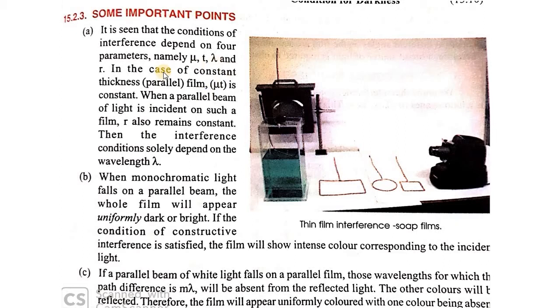the light used. And if you are using a constant thickness parallel film, what happens? Thickness is constant, refractive index is already constant, so mu t will be a constant. When the parallel beam of light is incident on such a film, what happens? R also remains a constant.